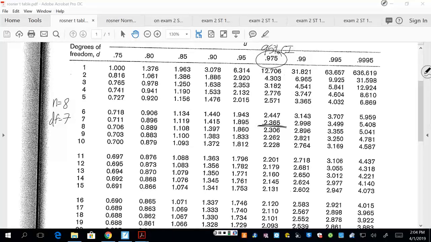You could do it one-sided, and I guess the hypothesis is phrased that way. If you wanted to do it one-sided, you would look at this 95% value. But I'll phrase the confidence interval as two-sided. If you want to do that for this, you can always divide it in half.